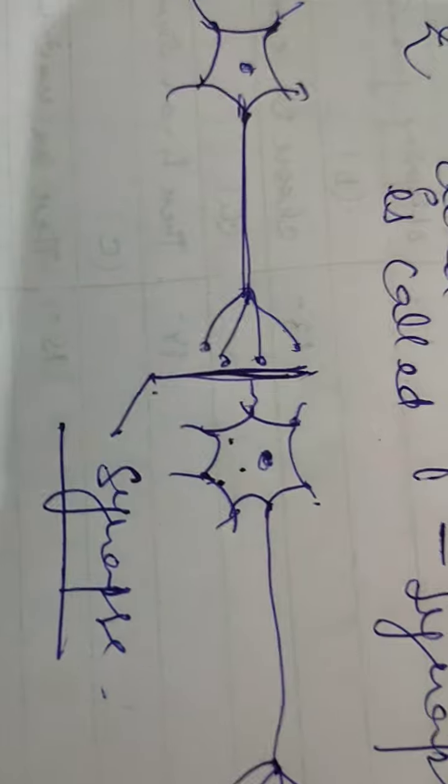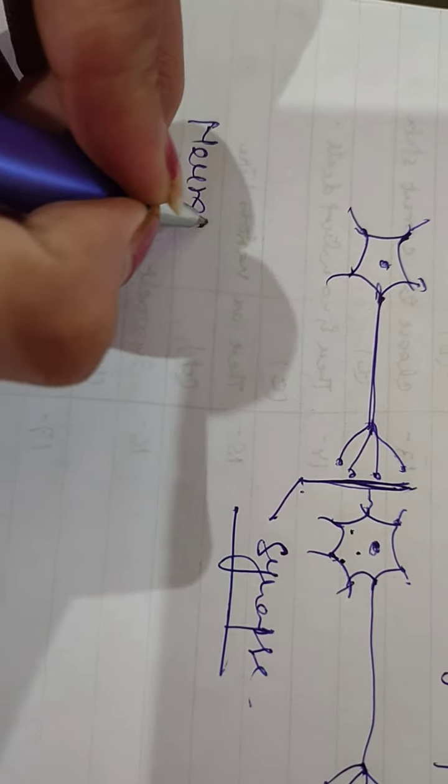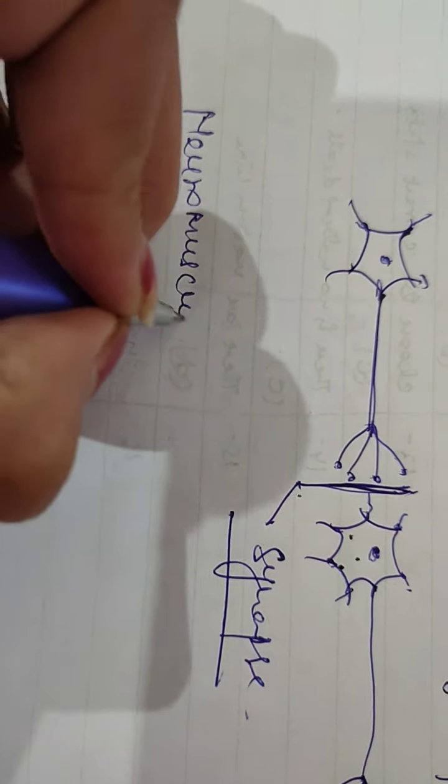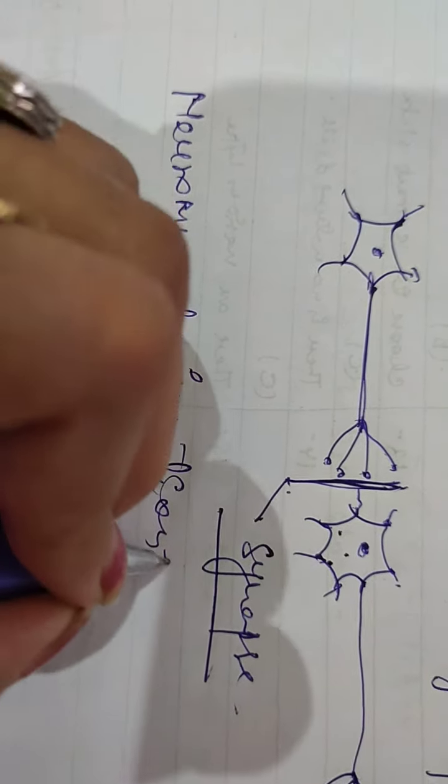There is another term which is given in your NCERT, that is known as neuromuscular junction. So what is the meaning of neuromuscular junction?